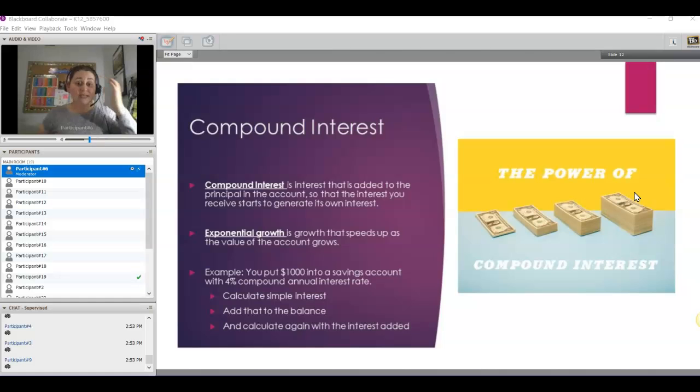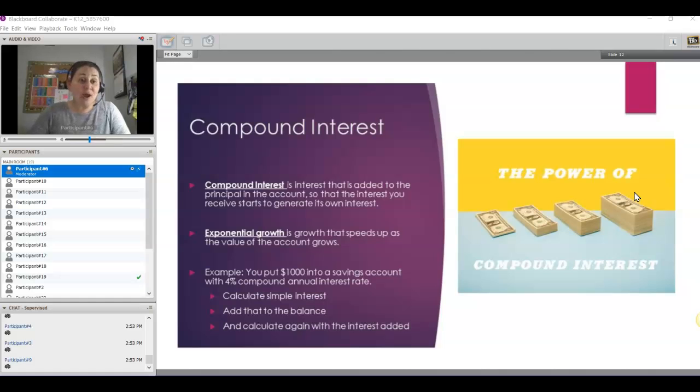So your account starts growing exponentially. As it grows, it speeds up the value of the account, okay? As you get a bigger principal because of the compound interest, the more interest starts building faster, okay?